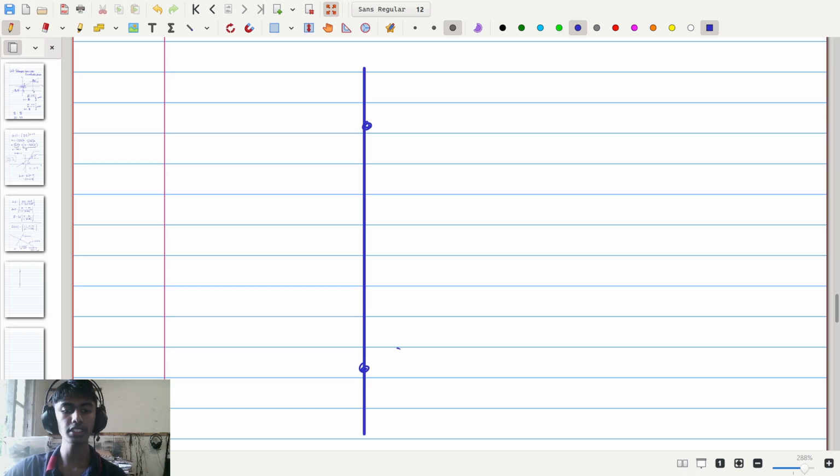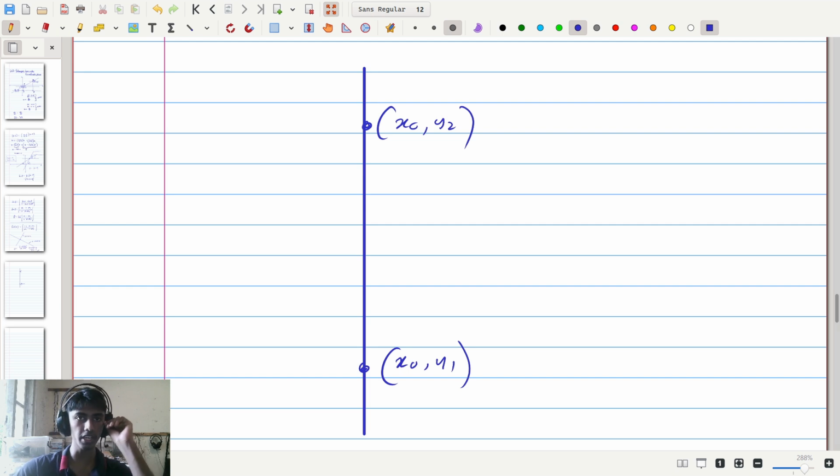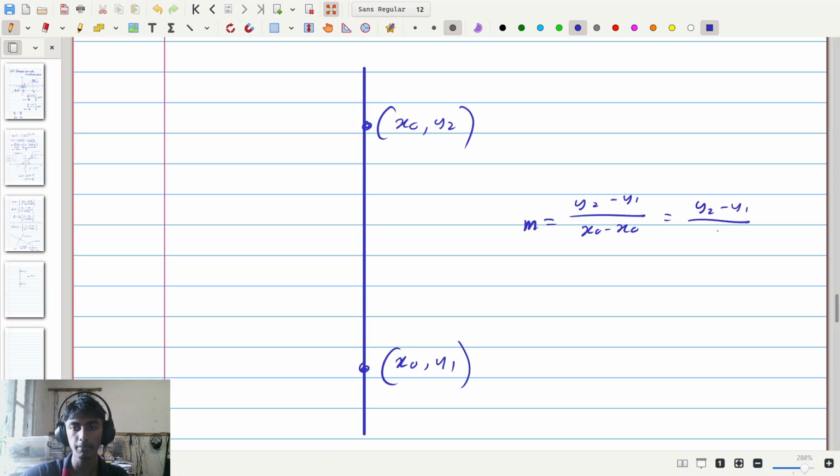So let's say that this coordinate here is x0, y1 and this coordinate here is x0, y2. Here the two x-coordinates are the same but the y-coordinates are different. The gradient m is going to be the difference of y-coordinates, y2 minus y1, divided by the difference of x-coordinates, which is x0 minus x0, so y2 minus y1 divided by 0.